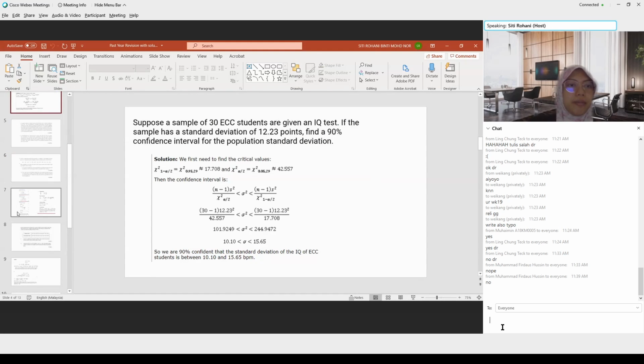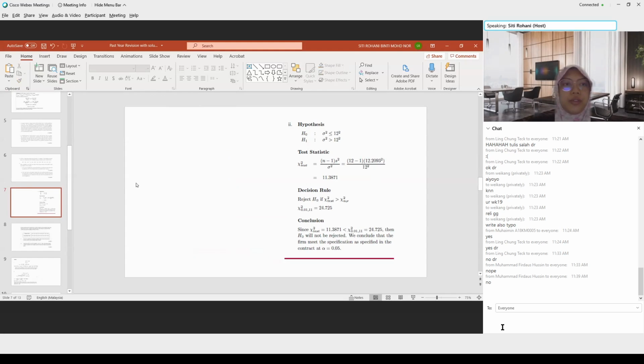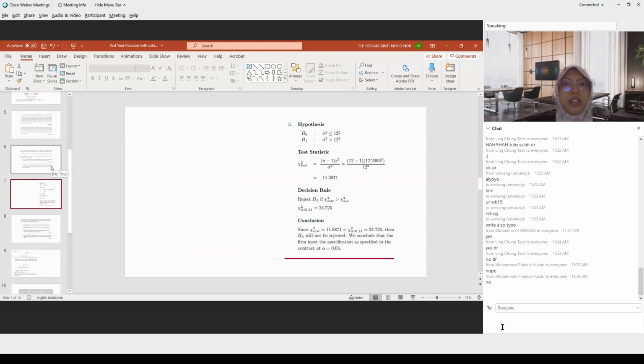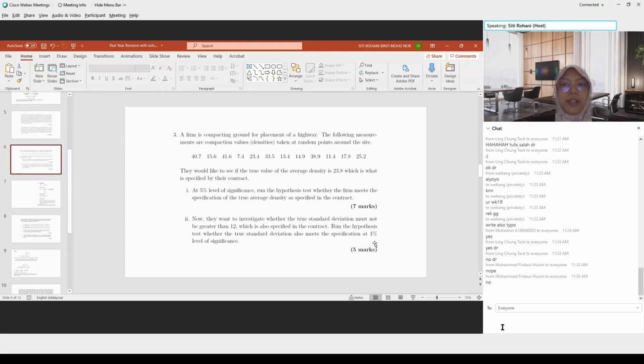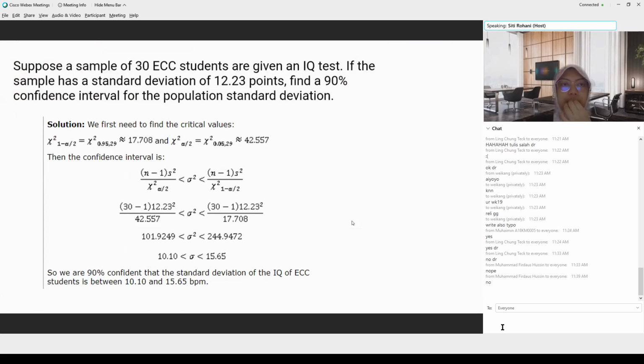Sekejap. Mana hypothesis testing untuk, okay, kita show. This one is for example. Okay, can you see this question?